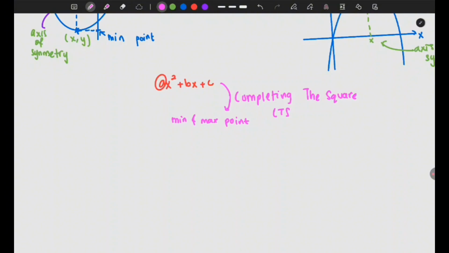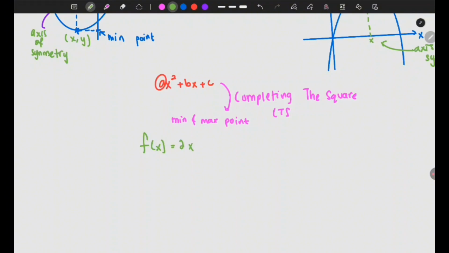So for example, I have a quadratic equation. Maybe f(x) equals 2x squared plus 5x minus 6.